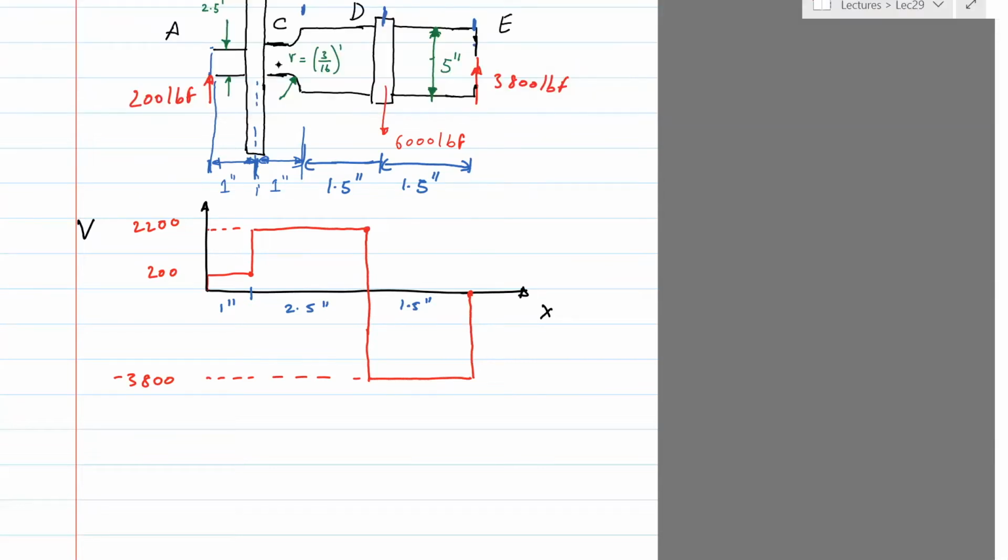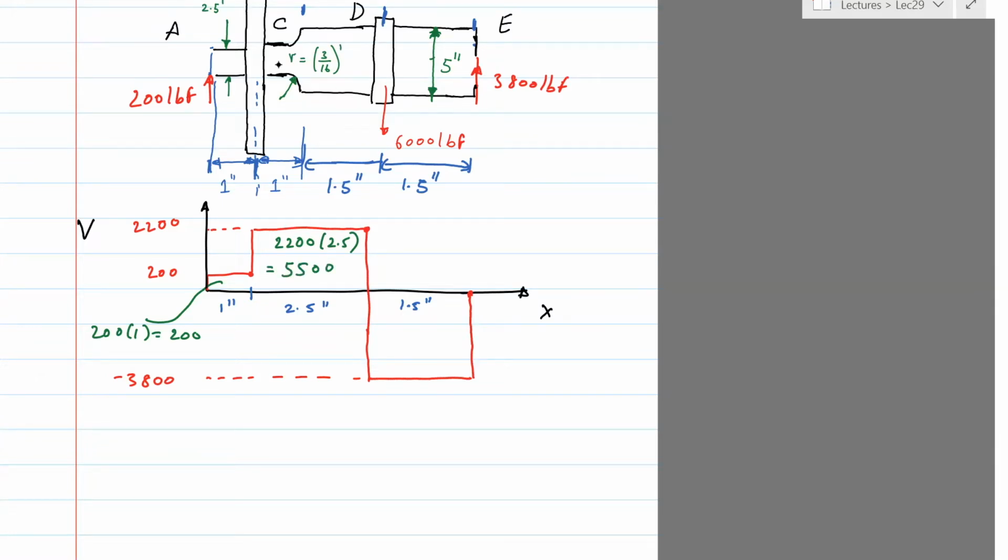Okay, so we need to do 1 times 200, which is 200. This is going to be 2200 times 2.5, which comes out to be 5 by 2, I think 5,500.